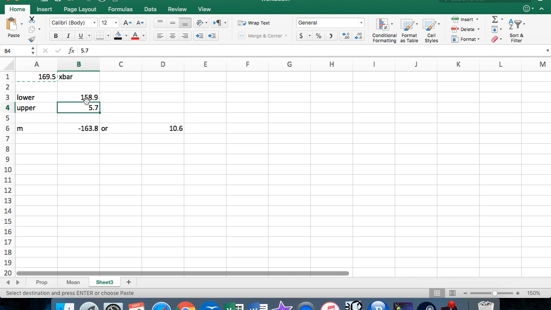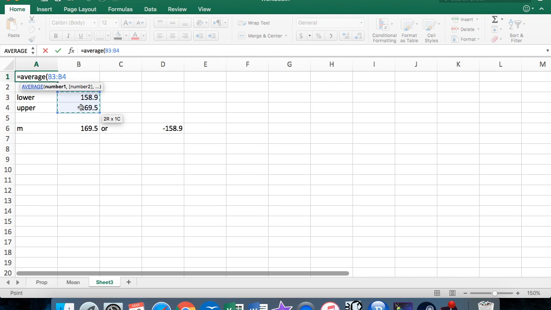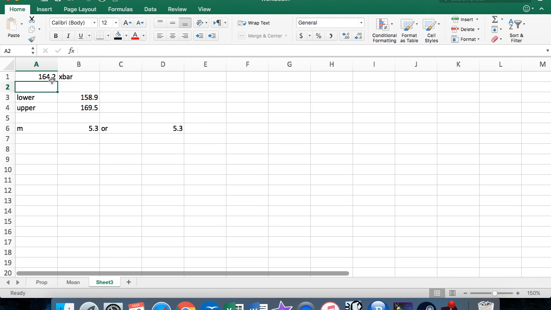Should be down here. Okay, and then our x bar is up here, right? Find the average between the two. So same process we did before. Find the average between these two guys. Your mean, x bar, is going to be 164.2, and your margin of error was, well, take the larger one and subtract the smaller. So take your upper, subtract off your x bar. This is your margin of error.